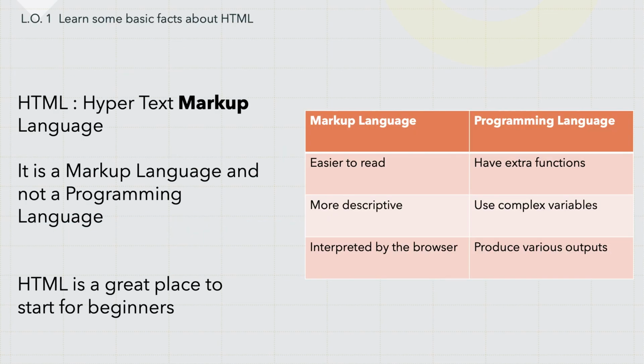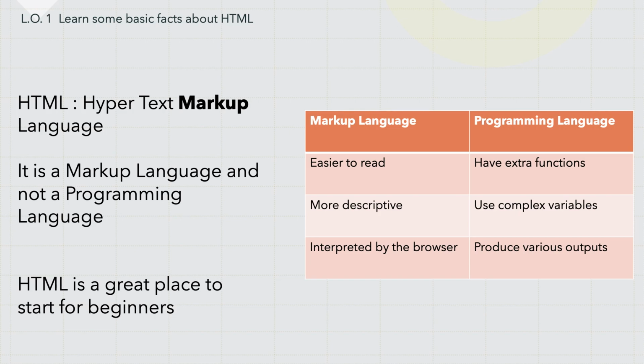To tackle learning objective number 1, learning some basic facts about HTML: HTML stands for Hypertext Markup Language. So it's a markup language and not a programming language like Python or JavaScript. Markup languages are easier to read, are more descriptive, and are interpreted directly by the browser.